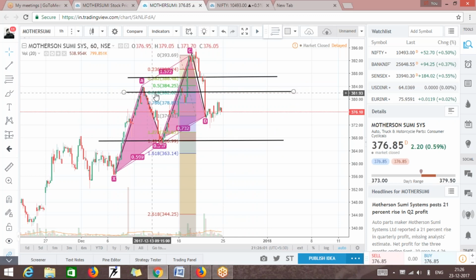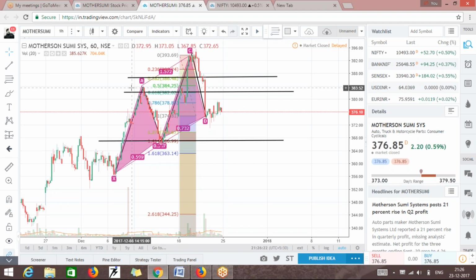I have taken 0.618 and 0.382, and it could be the other way also, like the first peak could be taken as the target, but these peaks and such are taken in the case of chart patterns like head and shoulders and double bottom.